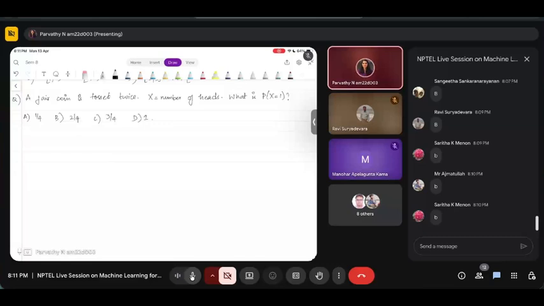Yeah. So it is 2 by 4 or 1 by 2. When you toss the coin twice, you will get head head, head tail, tail head, tail tail. So the events with exactly one head are head tail and tail head. That is 2 of them out of the 4 of them.